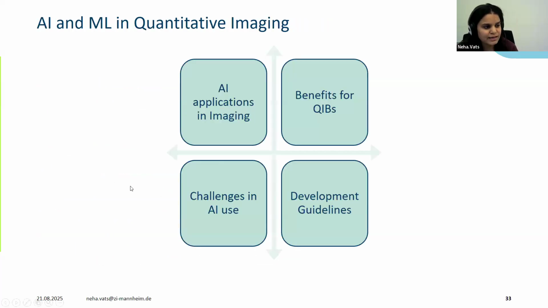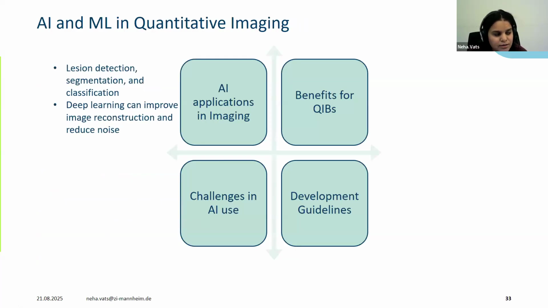Now coming to AI and machine learning in quantitative imaging. First, AI applications in quantitative medical imaging. It can help in lesion detection, segmentation, and lesion classification. Deep learning techniques can improve image reconstruction, or help in reduction of noise.